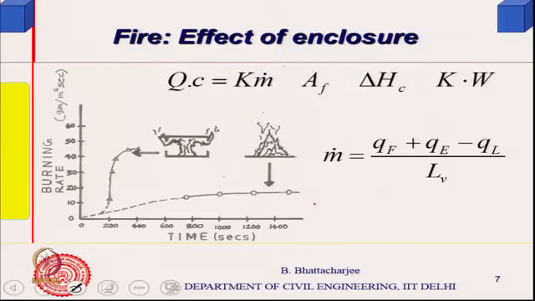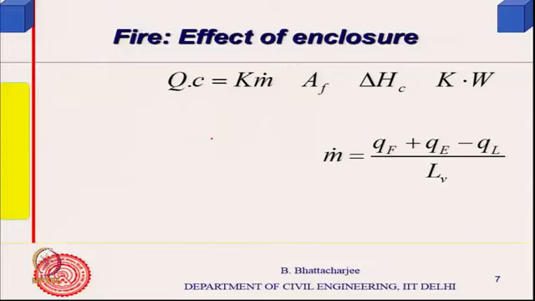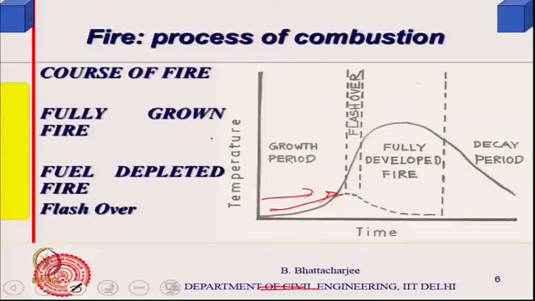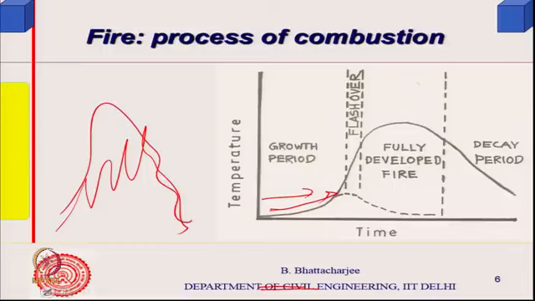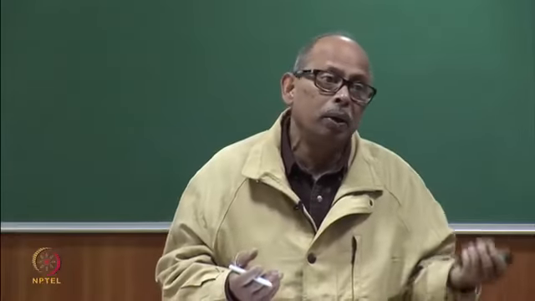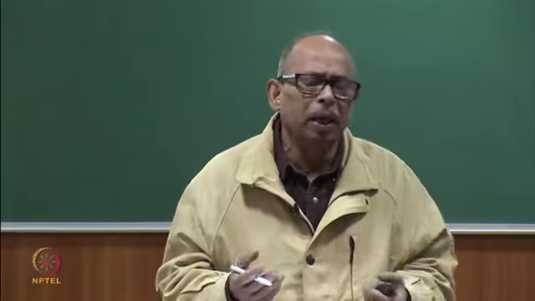if I have a ceiling at the top, the fire causes hot gases to be generated. This is the flame, let us say. Hot gases will come out of it, the air around and the products of combustion, carbon dioxide, even various gases could be there, which we will see again.